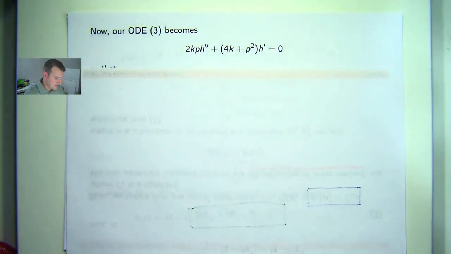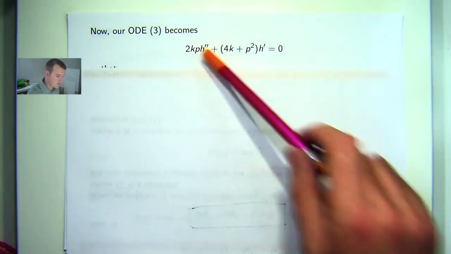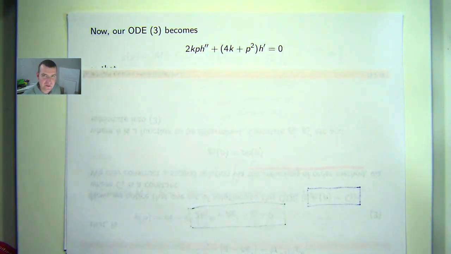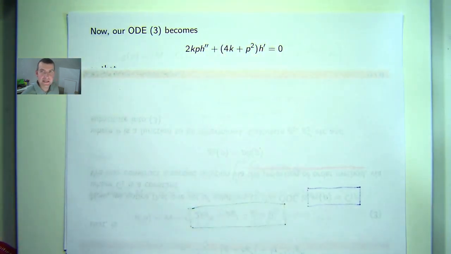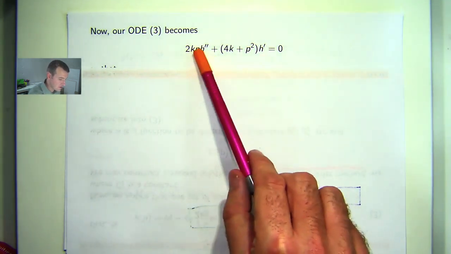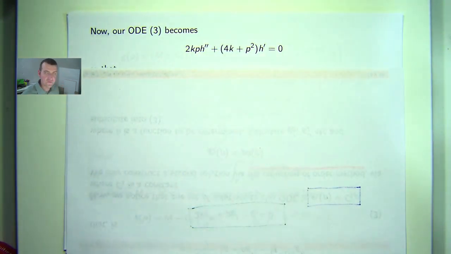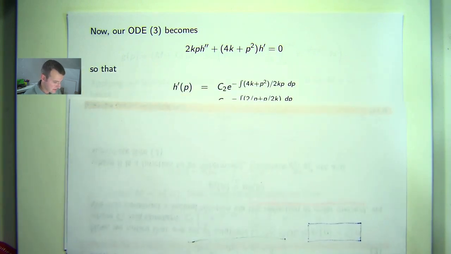Now if you do that, you'll get the following. Now yes, it's still second order, but really it's only first order. Think of this problem as a first order DE in h prime. Okay, so you move the 2kp down there and you solve for h prime just by use of an exponential function. Okay, so here it is.